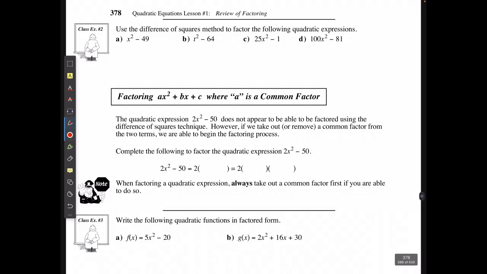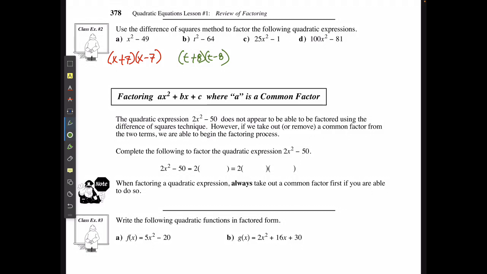So if I'm using the difference of squares method to factor these, well, the square root of x squared is just x. The square root of 49 is going to be 7, so it would be x plus 7 and x minus 7. In the second case, square root of t squared is just t, and the square root of 64 is 8, t plus 8, t minus 8.